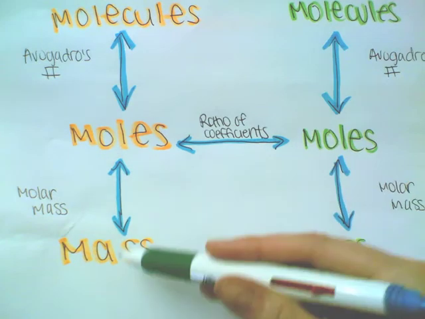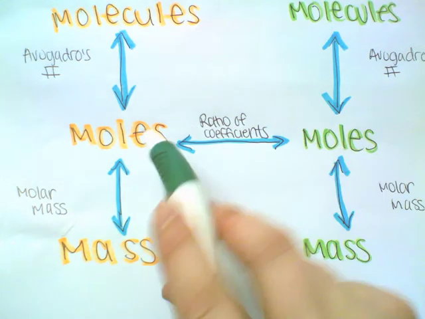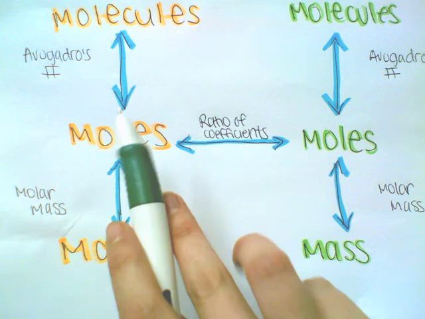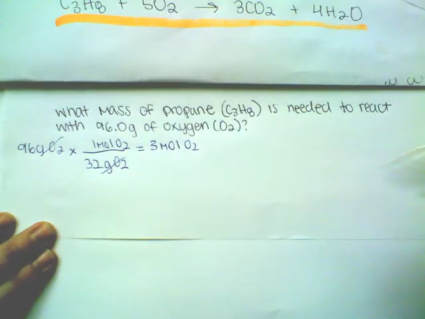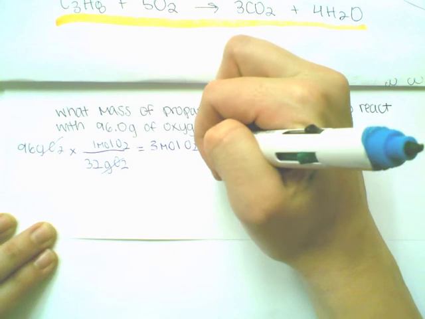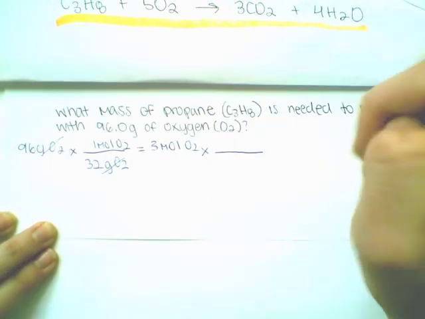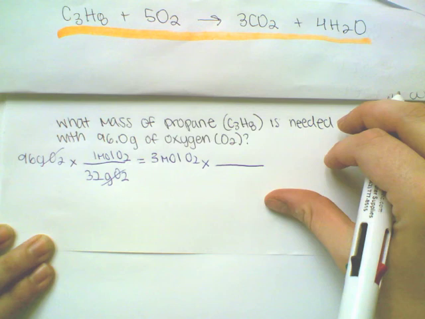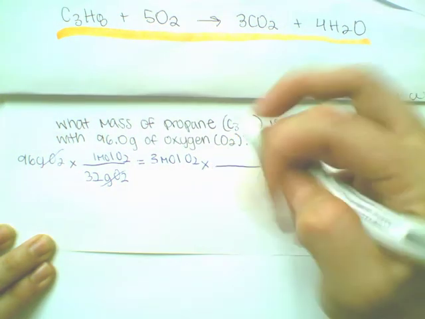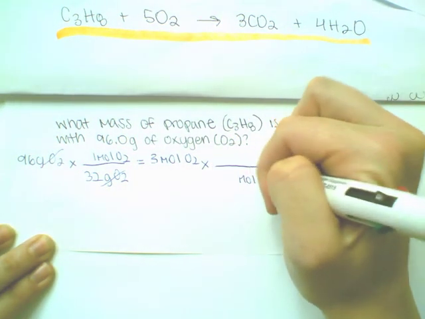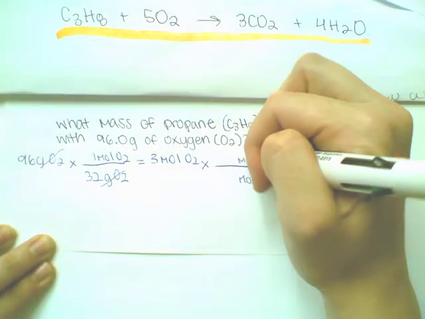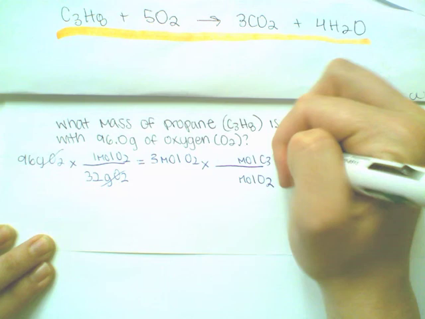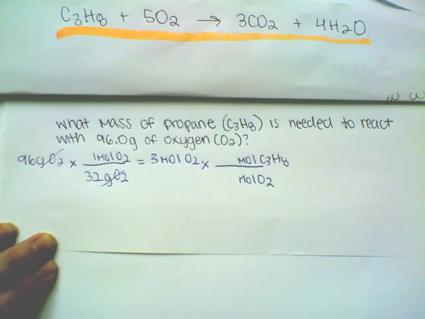Okay, mass to moles. Next step, since I'm trying to get down here, I'm going to go moles to moles. So back to the balanced equation. I have moles of oxygen on top, so I'm going to put moles of oxygen on the bottom. I'm looking for propane, so I'm going to put moles of propane on the top. We're not at the point where we can convert it to mass yet.